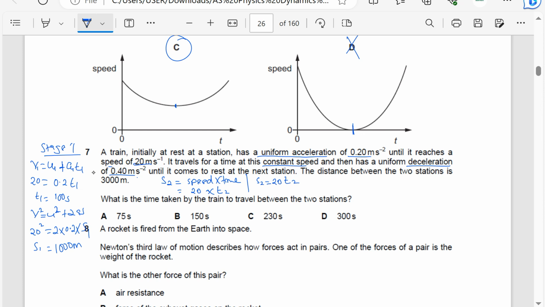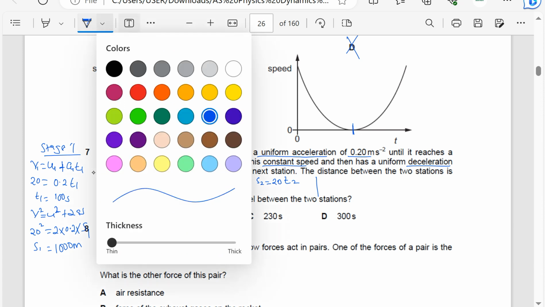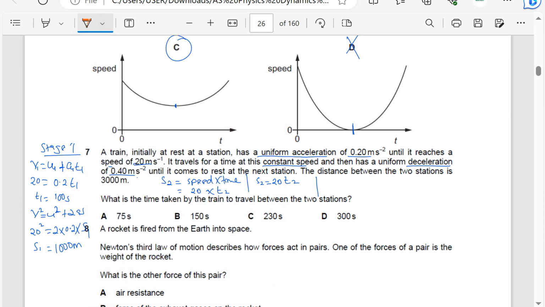Then for stage 3, it has a uniform deceleration until it comes to rest. I'll use S3 and the same equation, because it has a uniform deceleration of 0.4 meters per second squared. Using v squared equals u squared plus 2as, because it comes to rest, the final velocity is 0 squared.